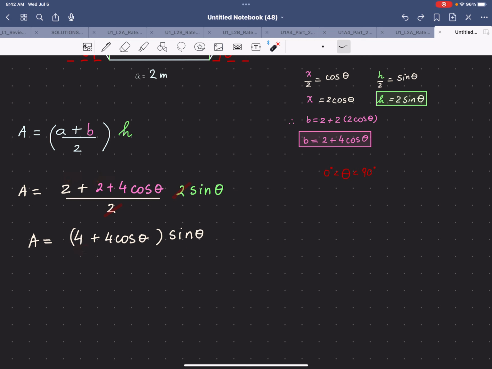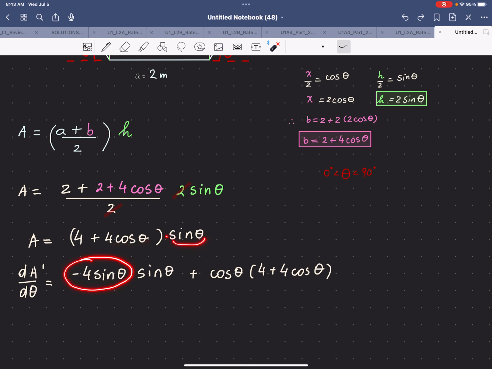And in this case, we would say that the derivative dA d theta would be, remember that here you have a product rule, derivative of 4 plus 4 cosine theta, which is, derivative of 4 is 0, 4 cosine theta would be 4 times derivative of cos, which is negative sine, and then multiplied by sine theta.